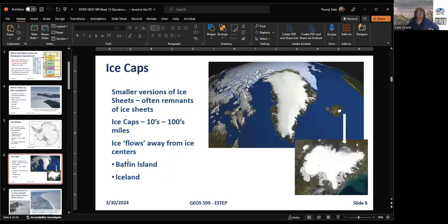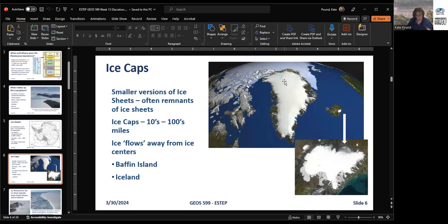Now, ice caps, I've already mentioned that they're just smaller versions of ice sheets, and often, such as in Baffin Island over here, they're the remnants of a once more extensive ice sheet. Here we are in Greenland. Here, this is the Greenland ice sheet.